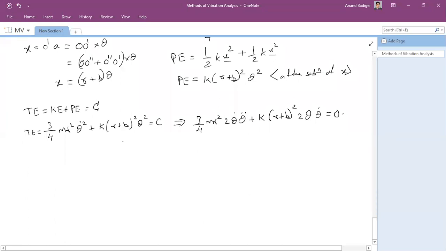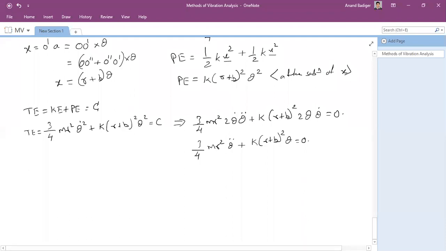So upon simplification I will get something as 3/4 m r square, only theta double dot will be left out here, plus k r plus b whole square, and only theta will be left here. Now let me rewrite it taking in the form of k by m, because we know that omega n is equal to under root of k by m.